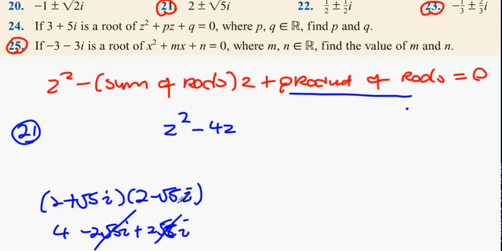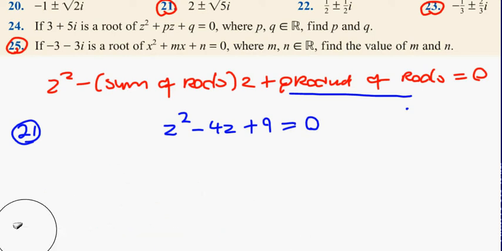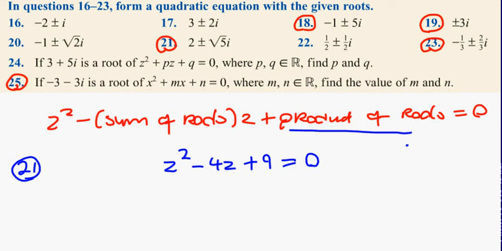They cancel anyway. And then root 5i multiplied by minus root 5i is going to give me minus 5i squared. And minus 5i squared is going to be plus 5. 4 plus 5 is 9. Z squared minus 4z plus 9. Okay, so that's 21 done.